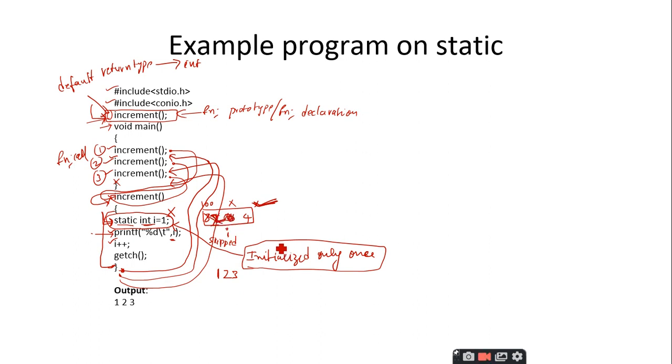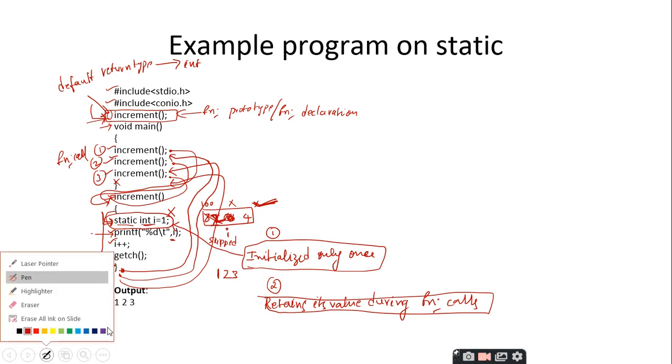Two important points about static. The first one is that static variables are initialized only once. The second, very important point, is that it retains its value during function calls. Please keep these 2 points in your mind.